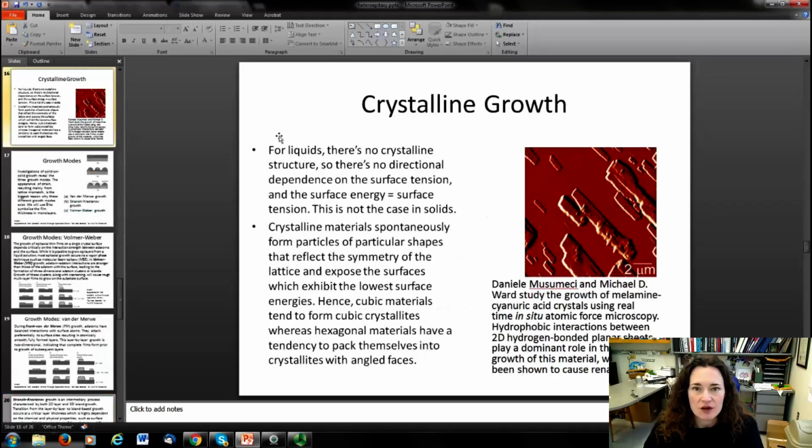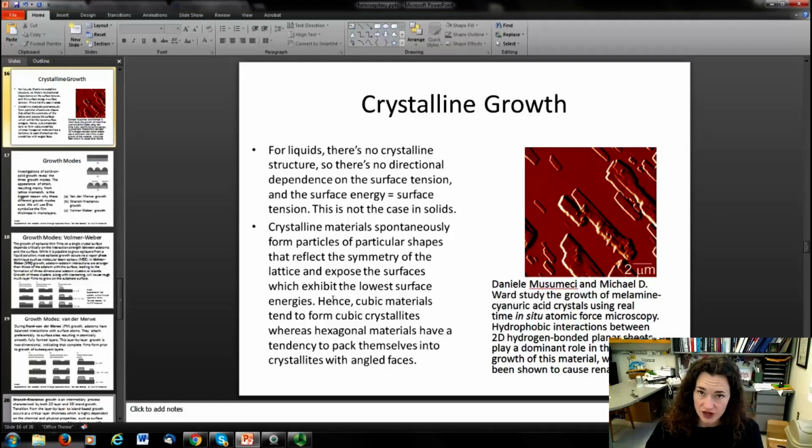So if you have a liquid film forming on top of a solid substrate, then there's no crystalline structure, and so there's no directional dependence on a surface tension or surface energy, and so the surface energy equals the surface tension. This isn't the case for solids. Crystalline materials are going to spontaneously form particles of particular shapes that reflect the symmetry of their lattice and expose the surfaces which exhibit the lowest surface energies.